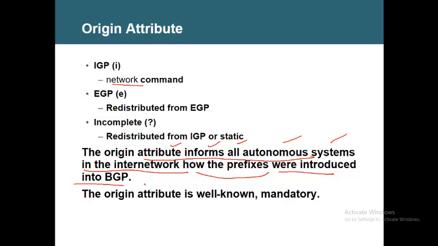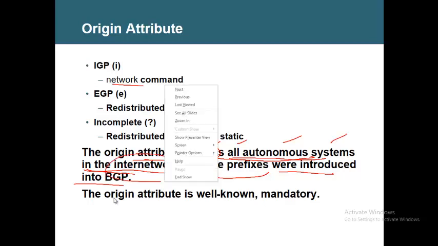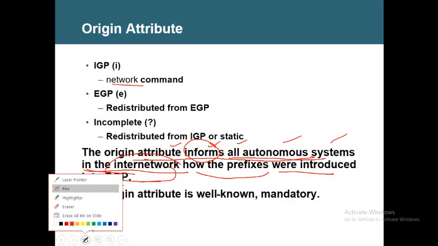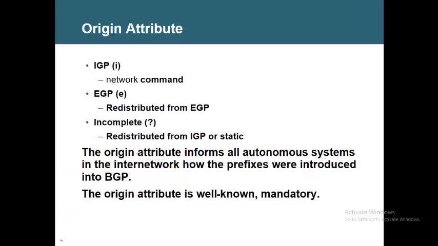So how is this possible? Because this attribute is informed to all the autonomous systems in the internetwork. And this origin attribute explains how the prefixes were introduced in Houston. And if it was redistributed, what would be there? A question mark.